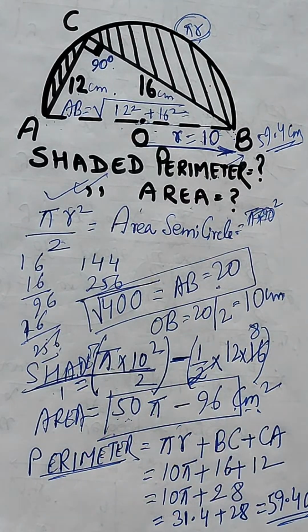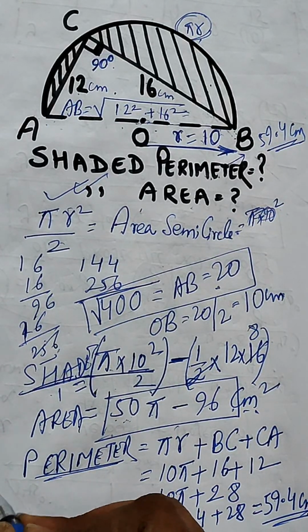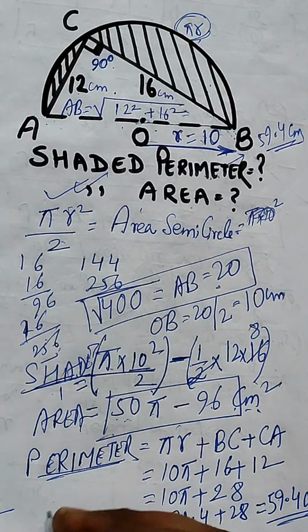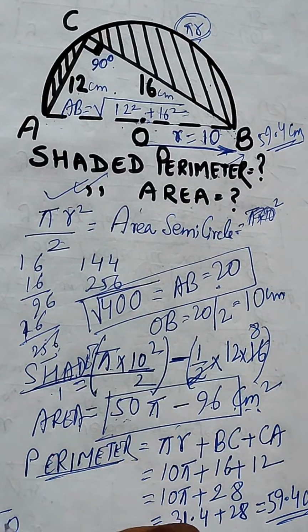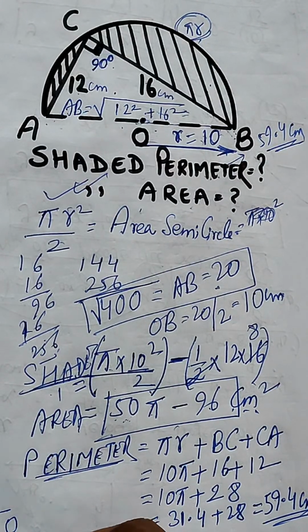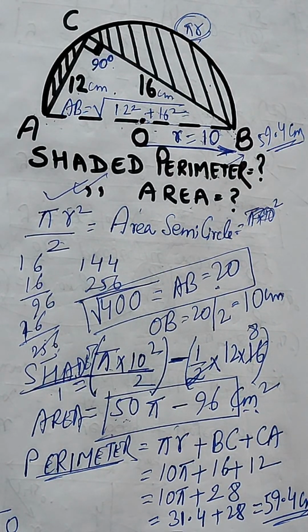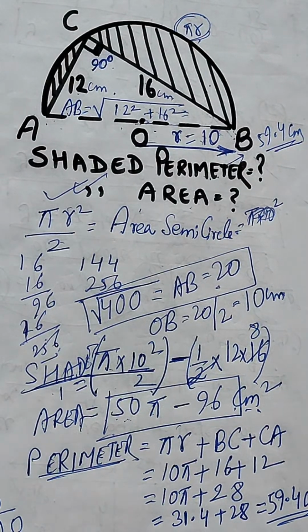So what is 50 pi? Just multiply 3.14 with 50. So it will be coming as 157, right?